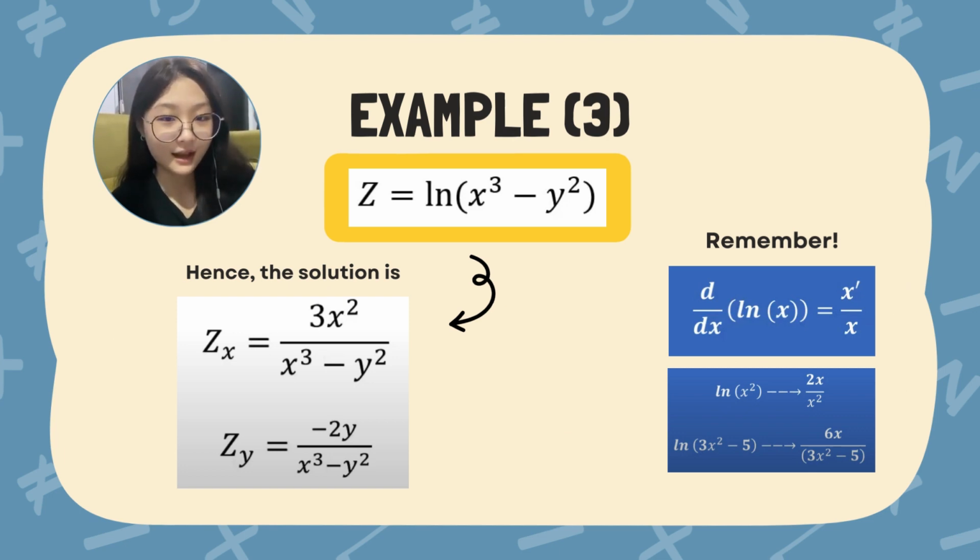So that's the answer with respect to x. We apply the same method for y: here we have minus y squared, and the 2 comes down, giving minus 2y over x cubed minus y squared, the same denominator as with respect to x. So those two are the answers we get for respect to x and respect to y for ln.